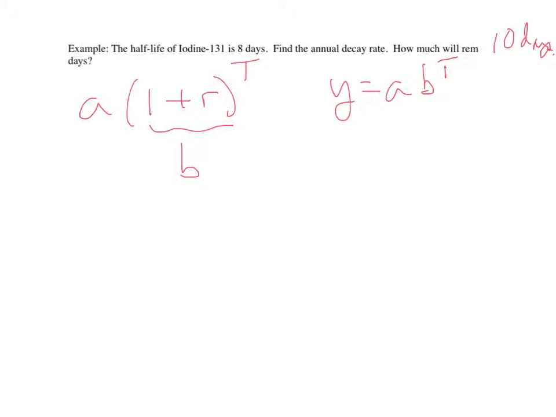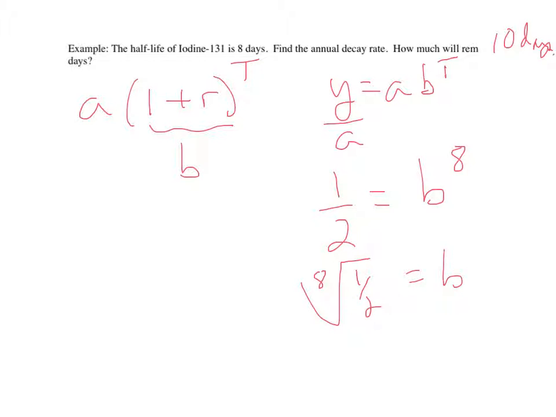If I'm looking for the half-life, I know the time is 8. If I take y and divide it by a, how much there is now divided by how much there was initially, and the half-life is 8 days, half of it is going to remain. Then I can take the 8th root of both sides, not third root, 8th root. And that will tell me my b number.